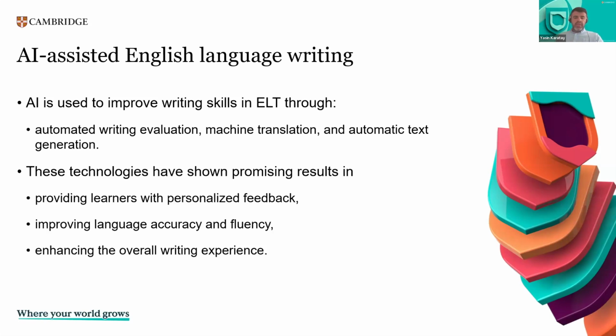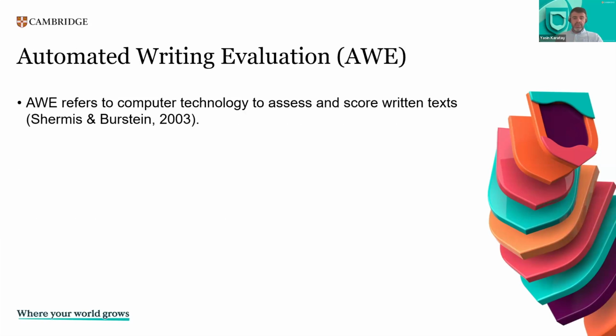So these technologies have shown promising results in providing learners with personalized feedback, improving language accuracy and fluency, and enhancing the overall writing experience. And among all these technologies, I would like to focus on one type, which is the automated writing evaluation, or AWE, as I'm going to call it from now on.